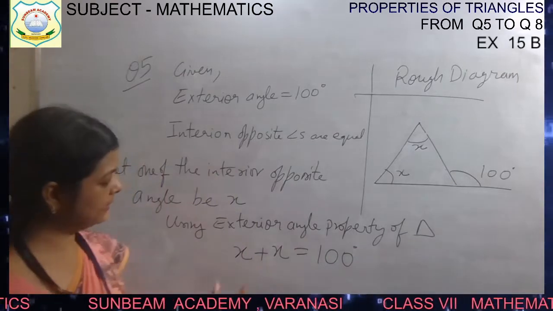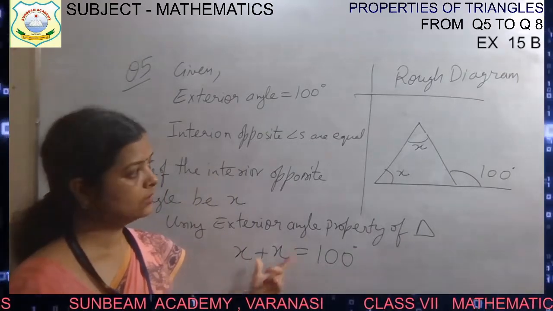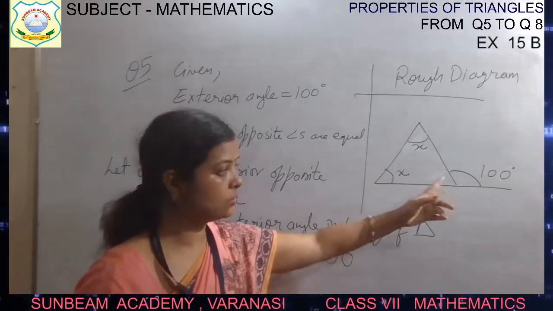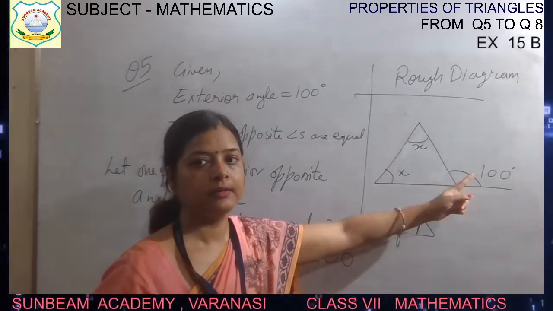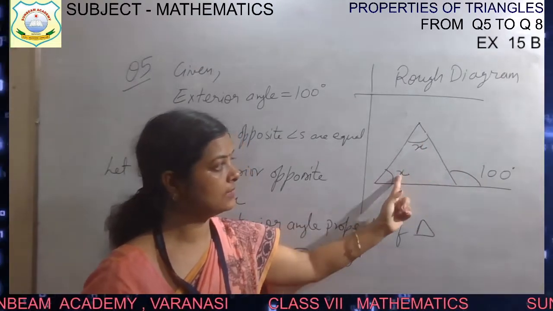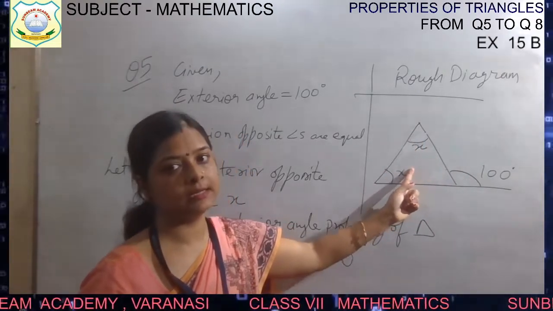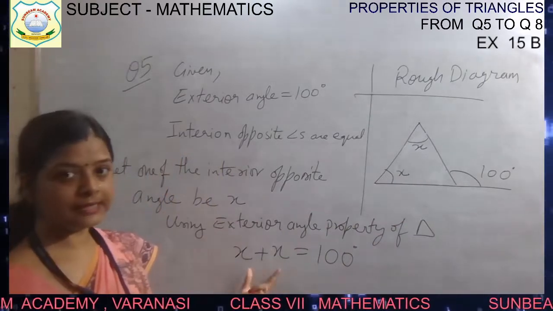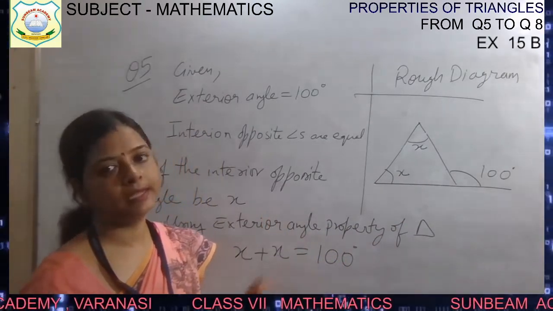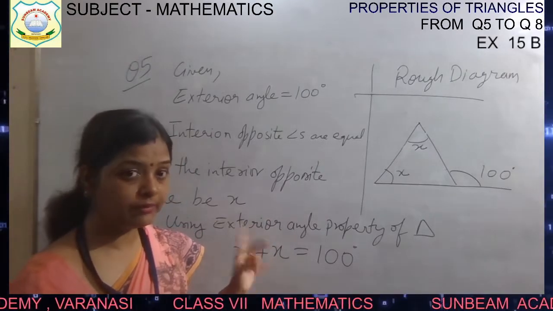The sum of interior opposite angles, जो भी इंटीरियर हो और अपोजिट हो, किसके अपोजिट हो? एक्सटीरियर एंगल के. ये एक्सटीरियर एंगल है, तो इसके अपोजिट एंगल कौन कौन से हैं बेटा? This and this. इंटीरियर अपोजिट एंगल्स का जो सम आएगा, that will be equal to the exterior angle. ये एक्सटीरियर एंगल प्रॉपर्टी है ट्रायंगल की. We have learned already, we have discussed this.